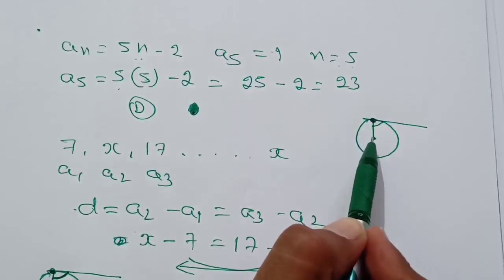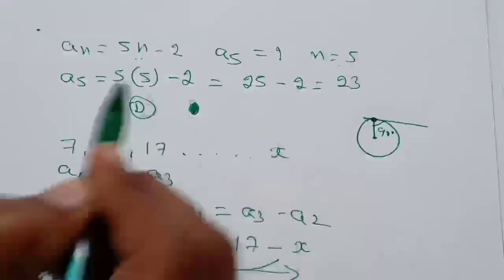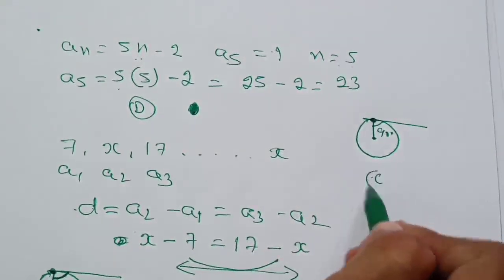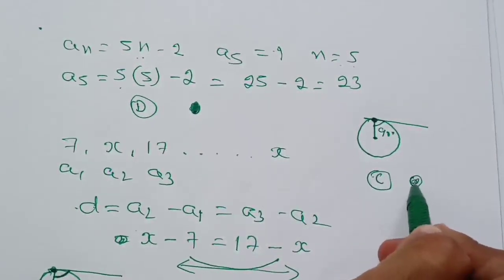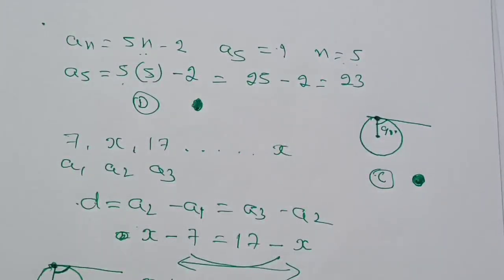So therefore the angle between these two will be 90 degree because it's a perpendicular line. So therefore the answer will be 90 degree. So which option is right, children? The C option is correct, right? So therefore in the C option you need to shade. Okay, that is the answer for your question.